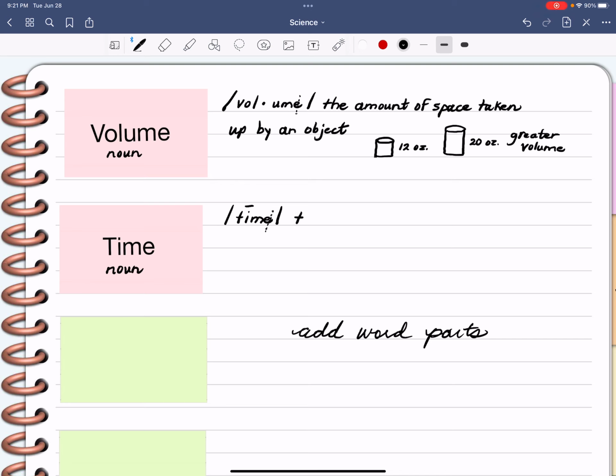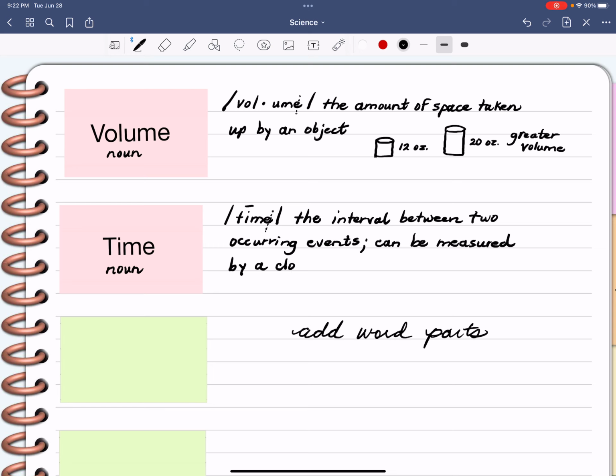Time is the interval, and remember interval means space, the space between two occurring events, and it can be measured by a clock or a stopwatch.